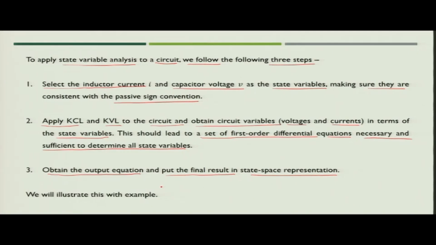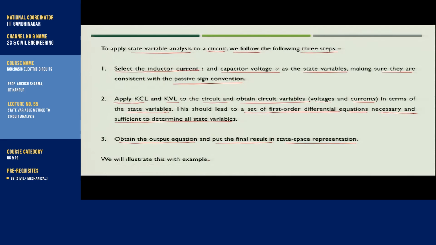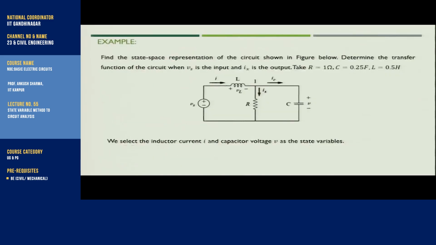To see how we can implement this, we will take a couple of examples so that you can understand this concept very clearly. Let us take one example. We need to find the state space representation of the circuit shown in the figure below.